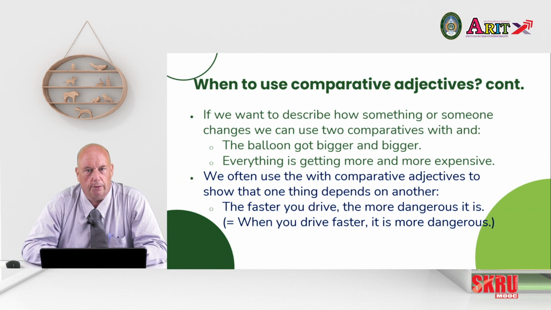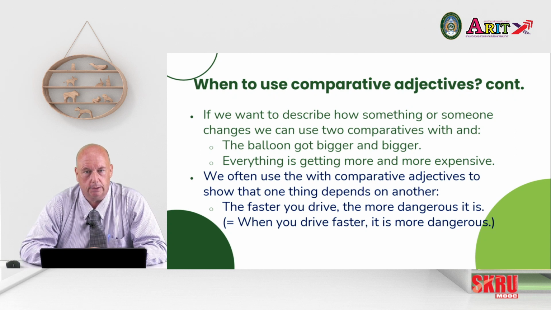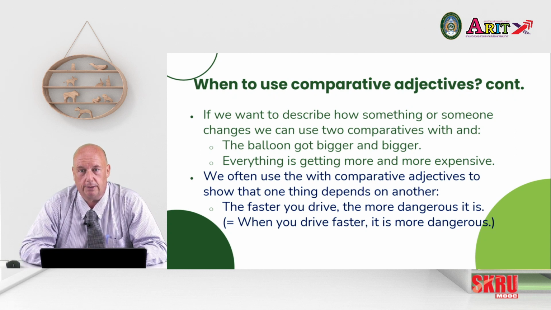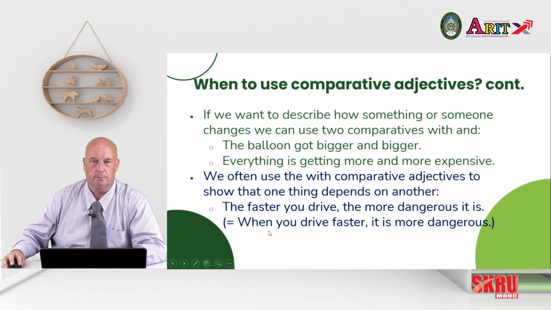We often use the with comparative adjectives to show that one thing depends on another. The faster you drive, the more dangerous it is. When you drive faster, it is more dangerous. So the faster, the more dangerous.